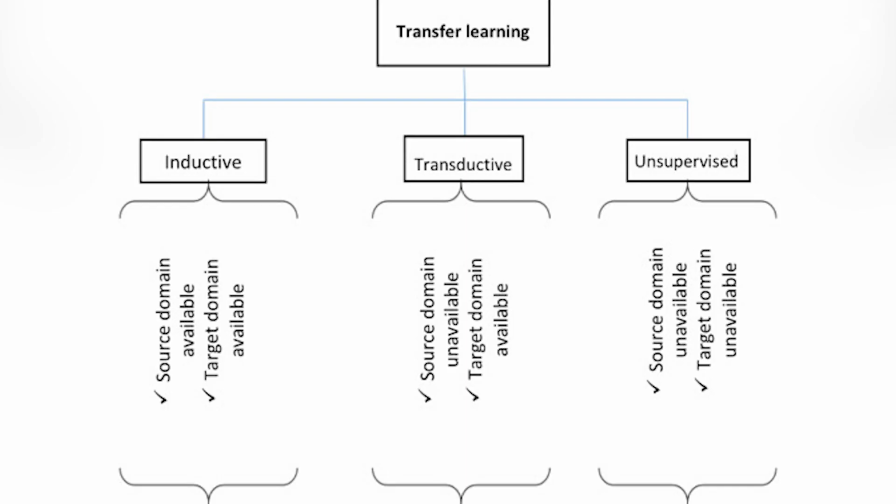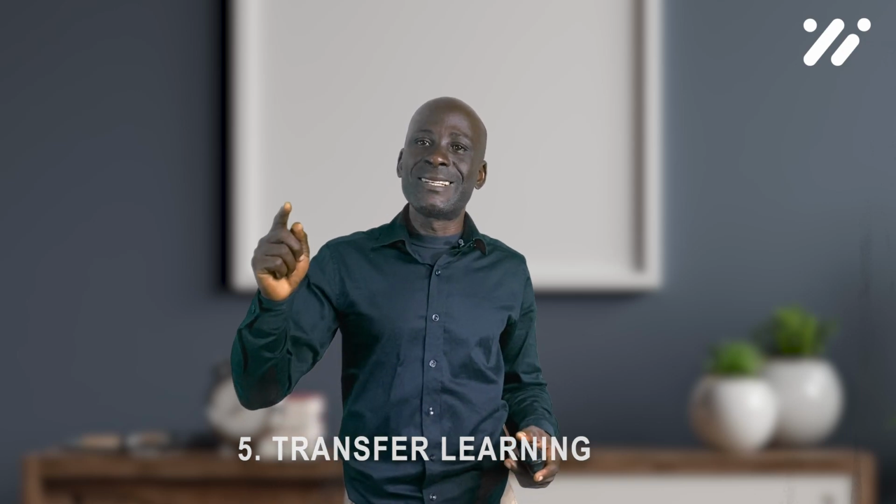Now, another optimization task is transfer learning. Utilize pre-trained models on large data sets. In transfer learning, what you have been able to train, you transfer it to a large data set.